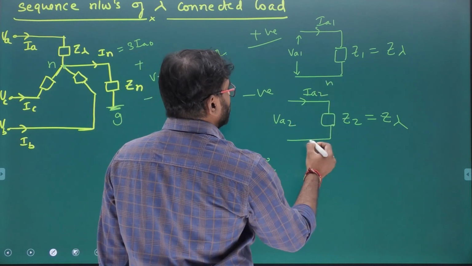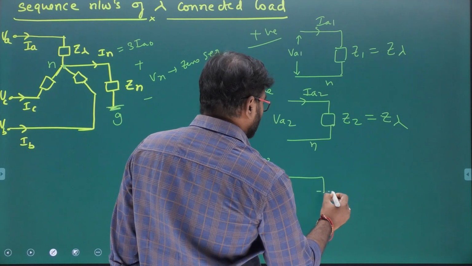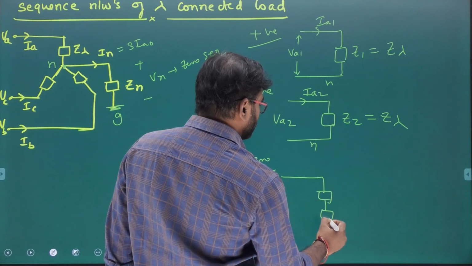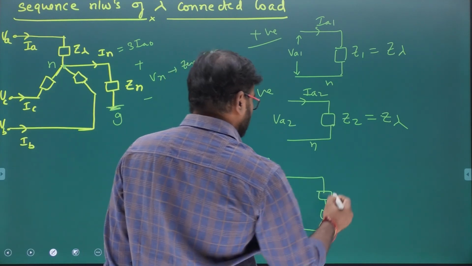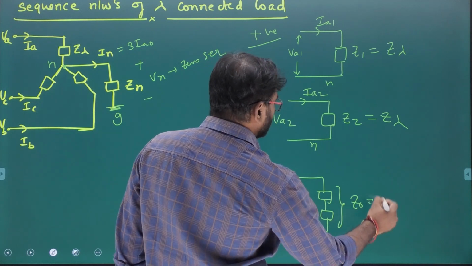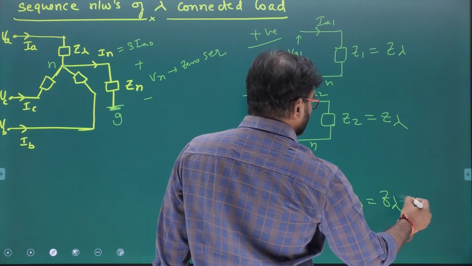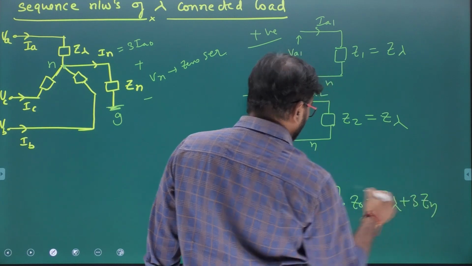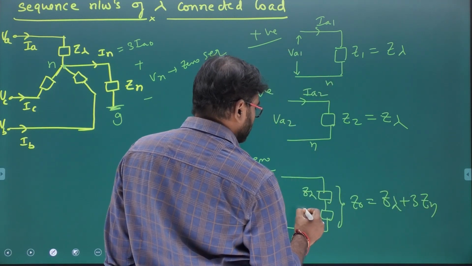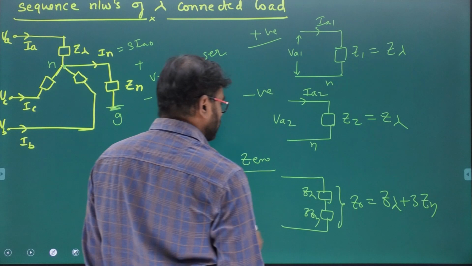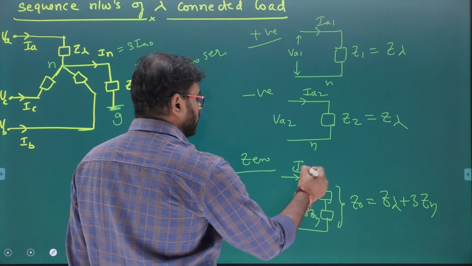And what about the zero sequence equivalent circuit? Indirectly this is only the neutral, but we get two terms here. This is Z0, which is equal to Z star plus 3 Zn. That means this is Z star, and this is 3 Zn. Now this is IA0 and VA0.